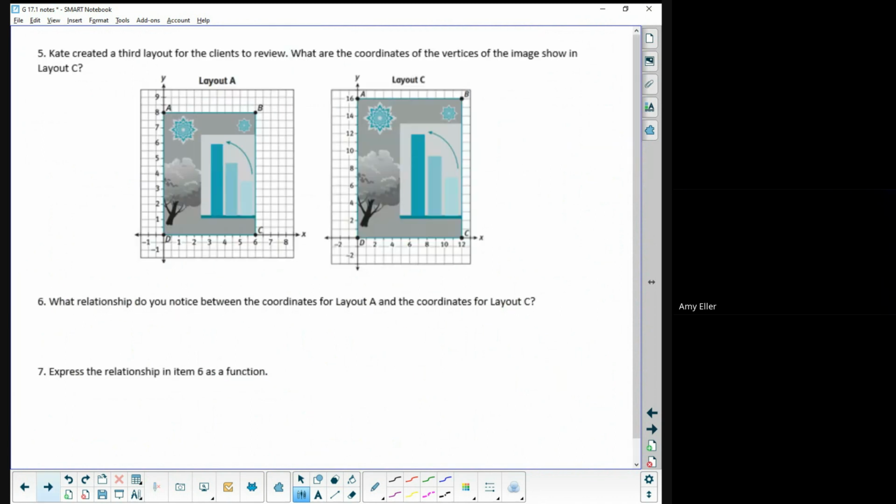Okay, let's flip the page. 5, 6, 7 you're going to do on your own. It's pretty much a repeat of what we've just done. I'll read it for you. Kate created a third layout for the clients to review. What are the coordinates of the vertices shown in layout C? Then what's the relationship? And then write it as a function. Go ahead. You're comparing layout A, the original, to layout C. Let's call it double prime.